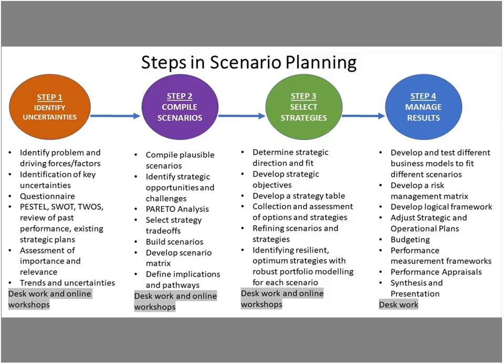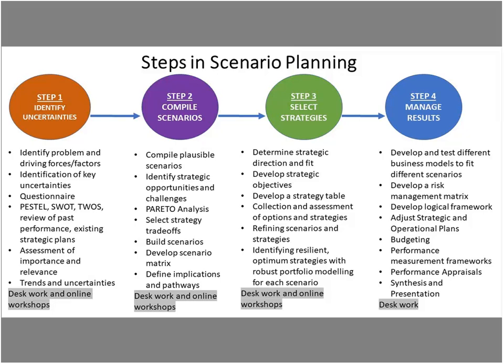Step three is now about selecting strategies. And in selecting those strategies, depending on your organization, one would need to consider either selecting in partnership with stakeholders, or it can be an internal process where the organization and its management team will determine the strategic direction based on defined pathways that you would take based on the plausible scenarios that could happen in the future, and develop strategic objectives.